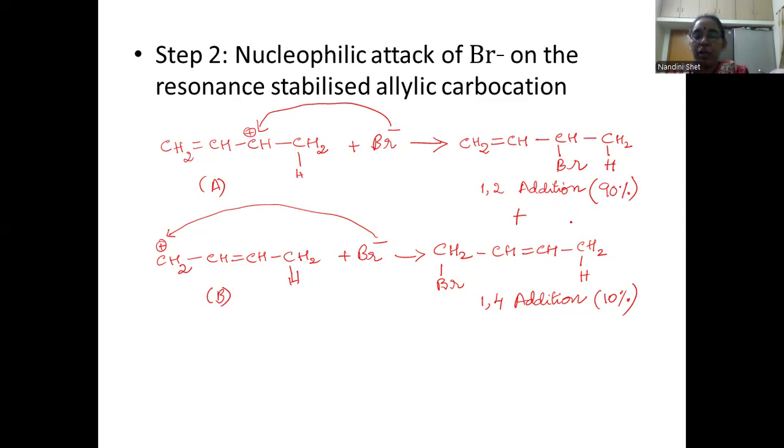However, if you go on increasing the temperature, the amount of 1,2 addition product goes on decreasing and 1,4 addition product goes on increasing. And when you approach about 40 degrees Celsius, that is slightly above the room temperature, the proportion is reversed. It becomes 1,4 addition becomes major product and 1,2 addition becomes minor product.